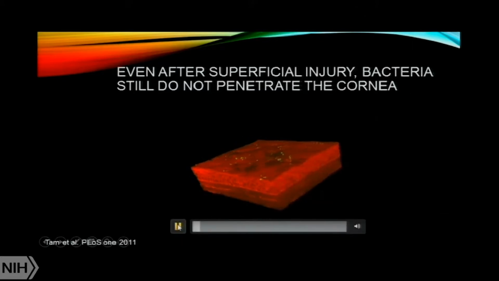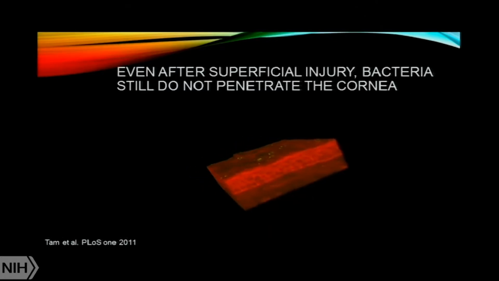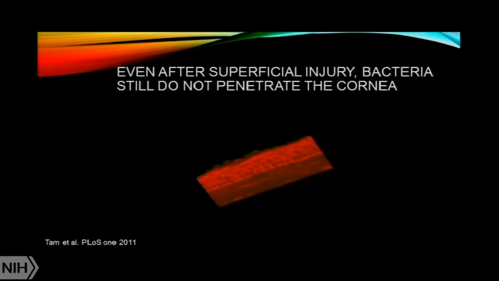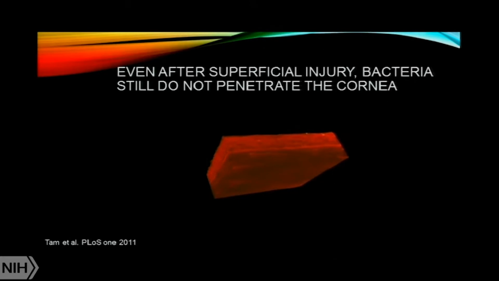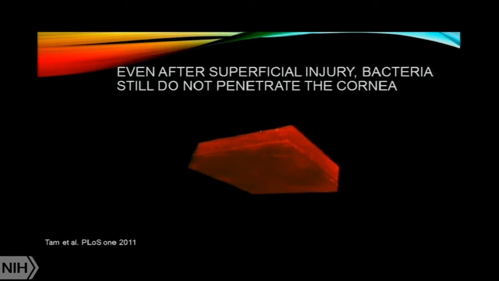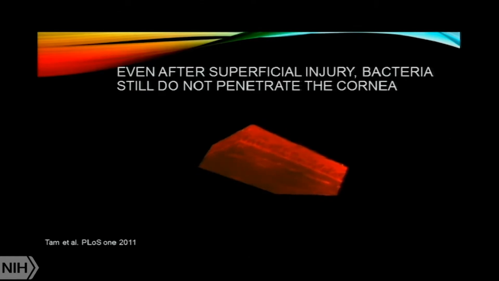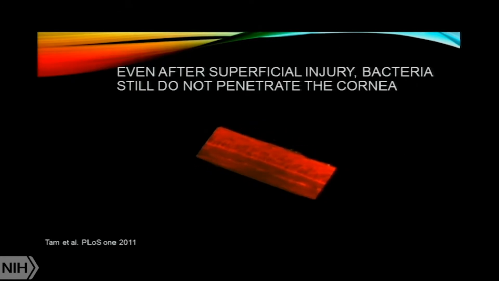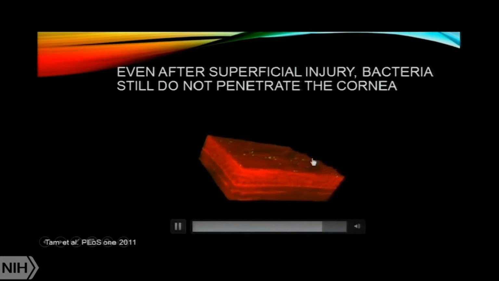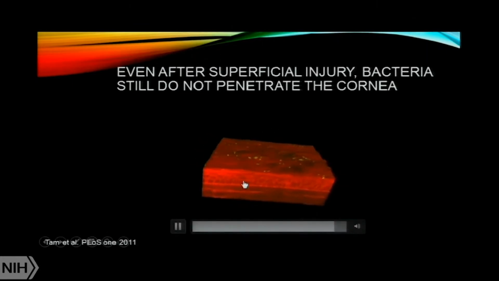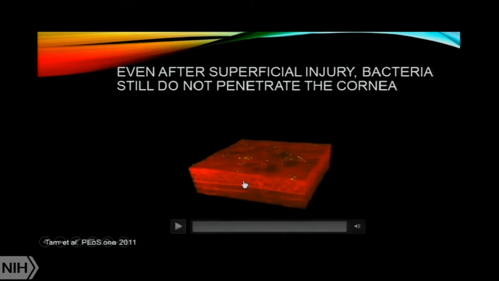So she's looking at whole healthy eyes. This is an example of an imaging technology she created, and this is of a mouse cornea that's not been sectioned, it's not been fixed, it's a live mouse. And she's taken Pseudomonas and put it on this cornea. She picked Pseudomonas since it's the most common contact lens related infection. This is after 6 hours, and she put 1 billion colony forming units of Pseudomonas on this eye.